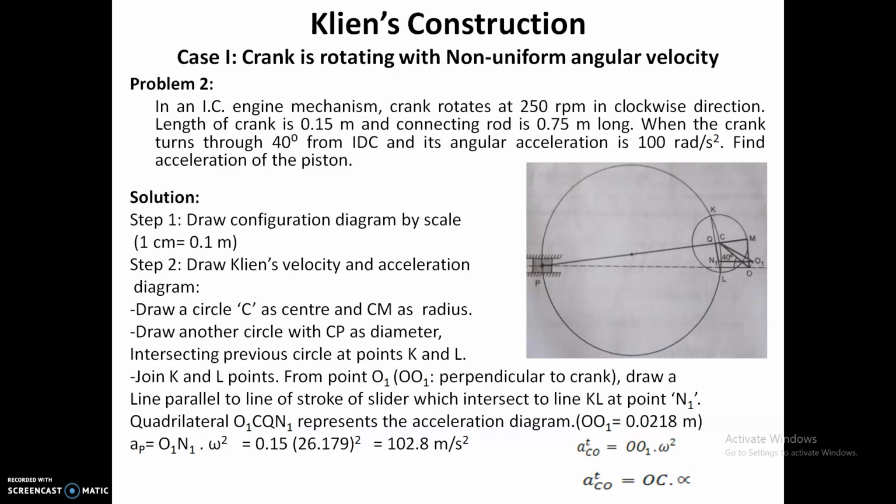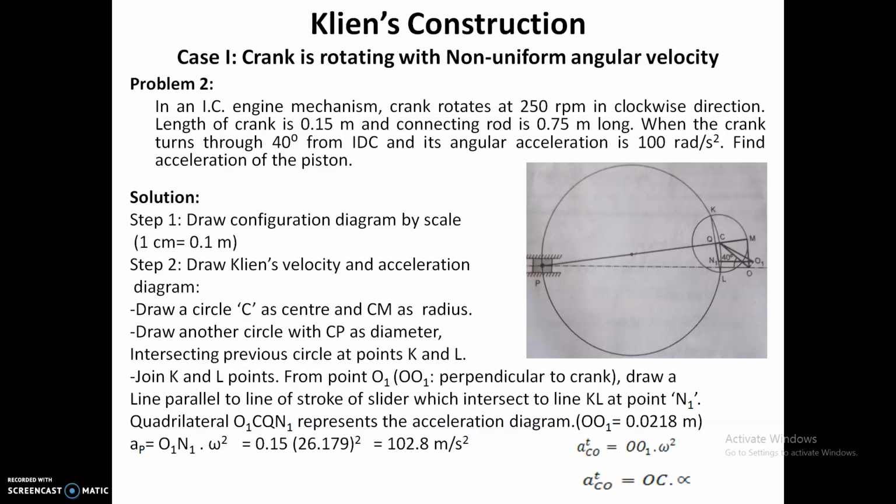Now, how to make the acceleration polygon? First of all, you draw two circles. One small circle with center C and radius CM.